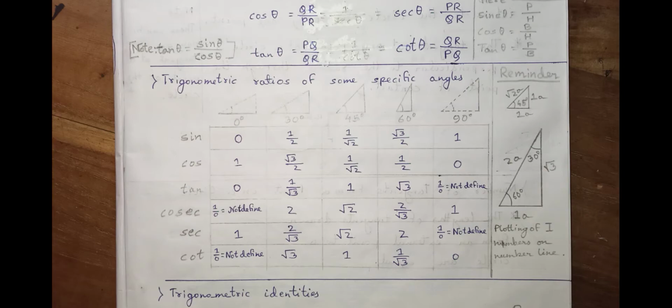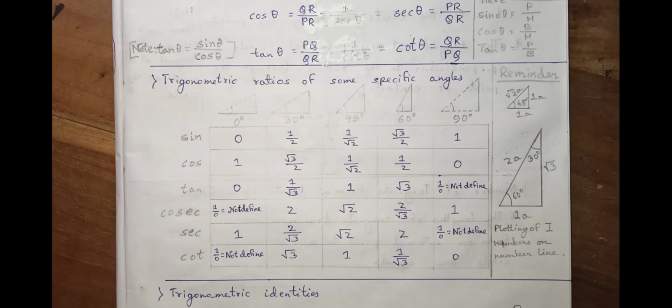In earlier class 9, you would have gone through plotting irrational numbers on the number line. I wish you at least remember it a little bit. In that plotting we used to draw a triangle by taking arcs and all.